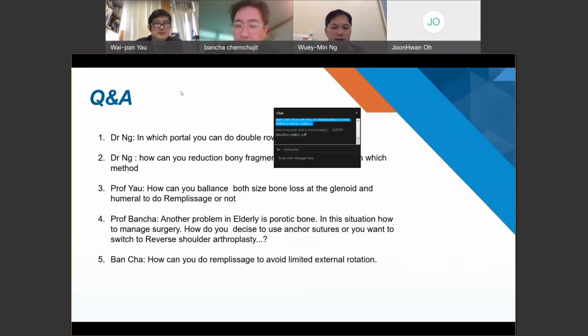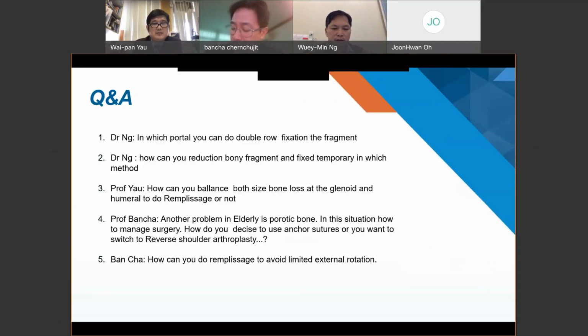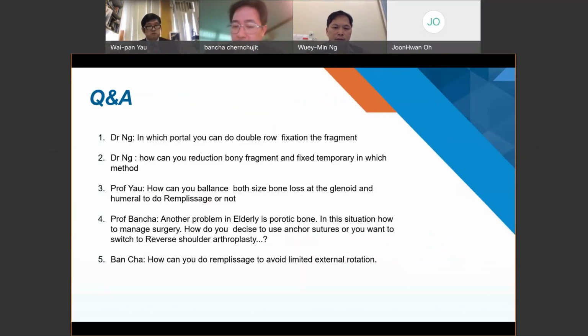Yes, I noticed that in a few patients of the repair, there's some limitation of external rotation. But I think it's a beautiful procedure because you don't need much additional time, around 30 minutes. You can fill up the Hill-Sachs with the infraspinatus muscle and tendon.